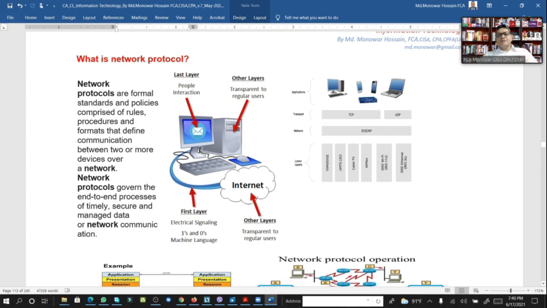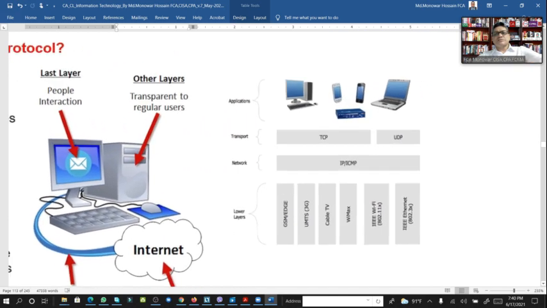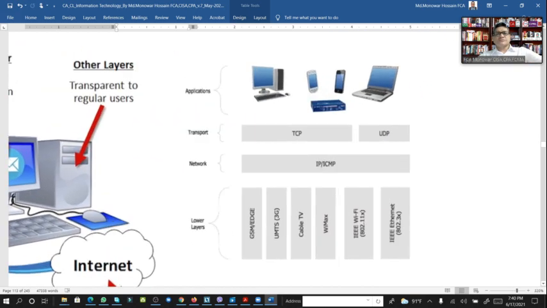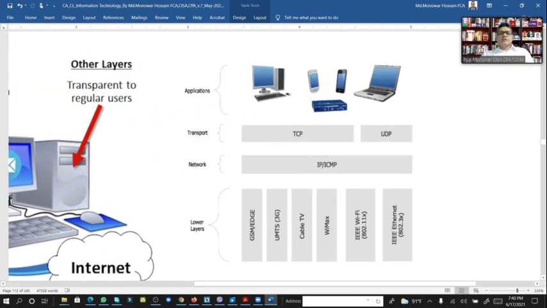Here, if you look, the application is on the upper side, here the transport is TCP and UDP, and within the network there are IP and ICMP, and the lower layers are included within that.